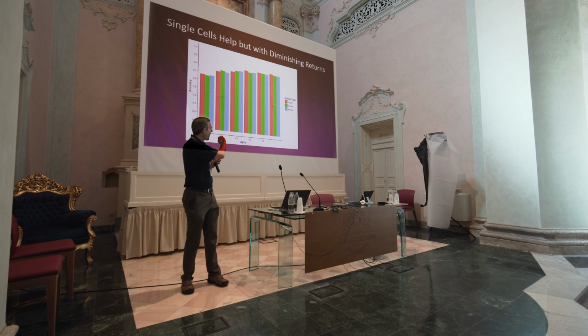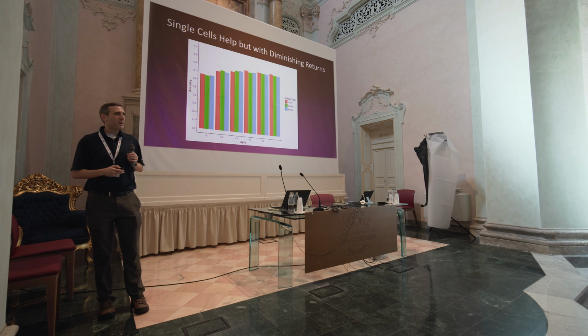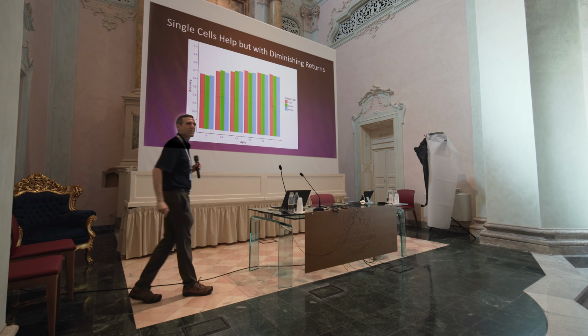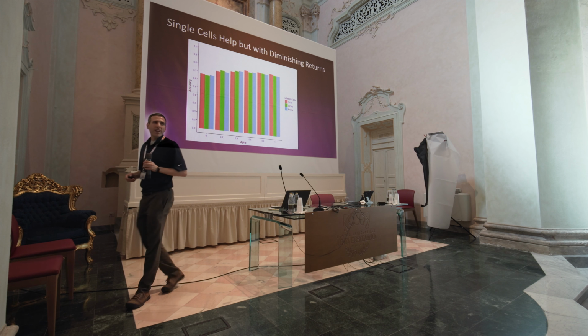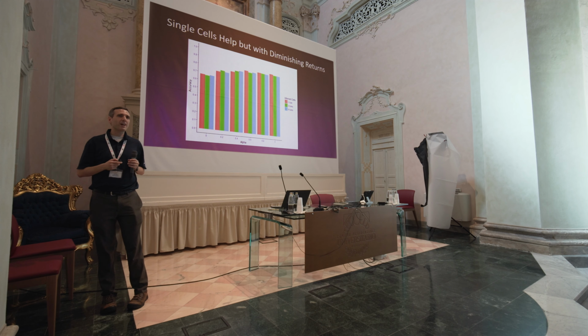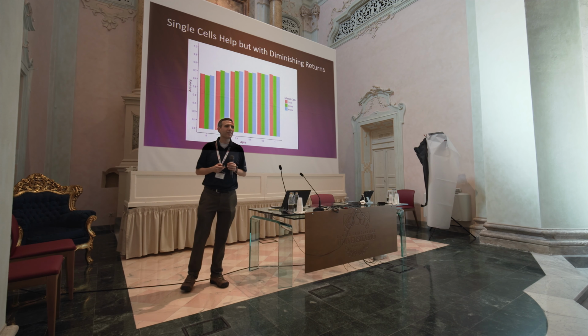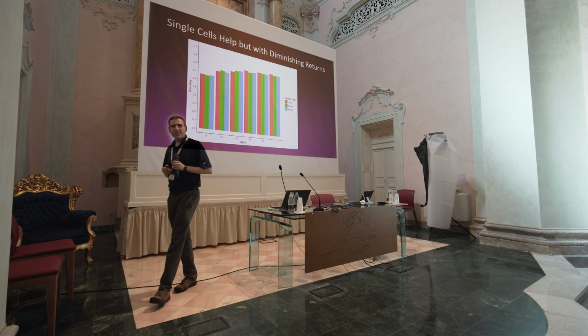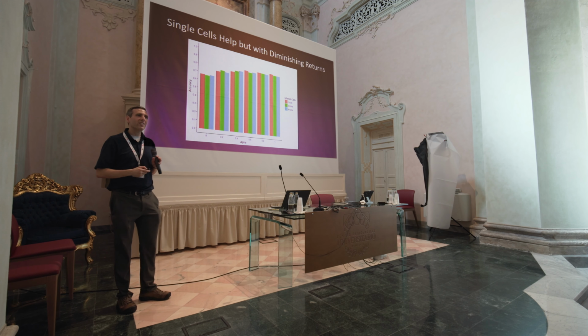I would not put a lot of stock in this result yet. This is very hot off the presses, incomplete results from our group, but basically what we can find is that a few single cells help you in doing this deconvolution, at least the way we're measuring error here. You don't get a lot of extra boost by adding more cells. Now, I think this is to some degree an artifact of looking at overall accuracy, which is not necessarily what you want to look at.